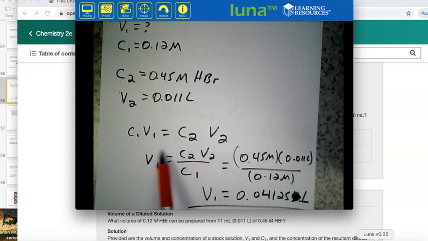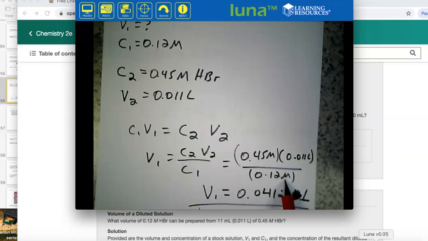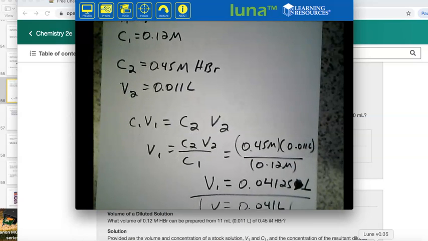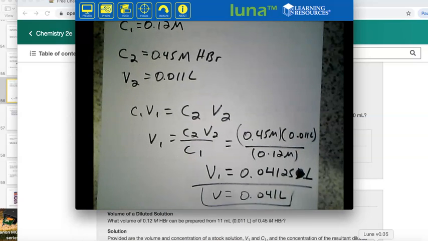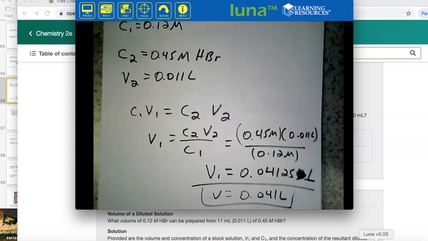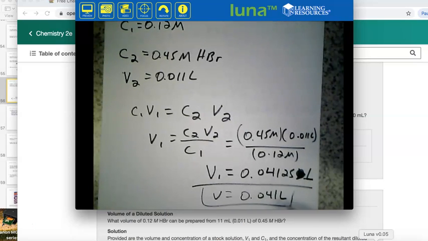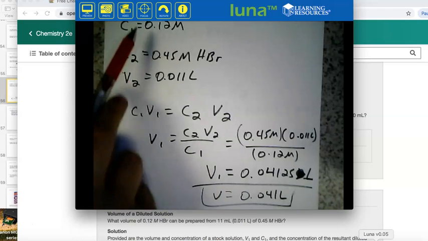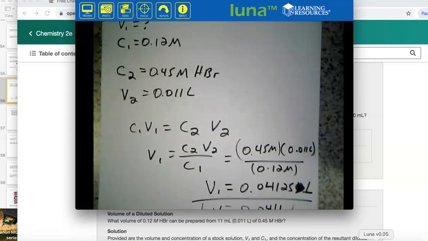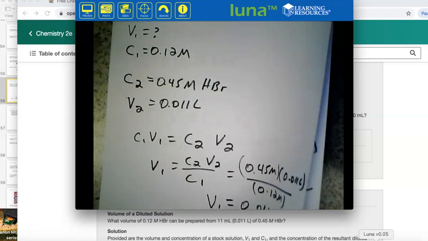We're going to solve for, in this case, V1. So rearrange the equation and substitute in the values given to us, and the volume of our diluted solution should be 0.041 liters for the total volume of our diluted solution.